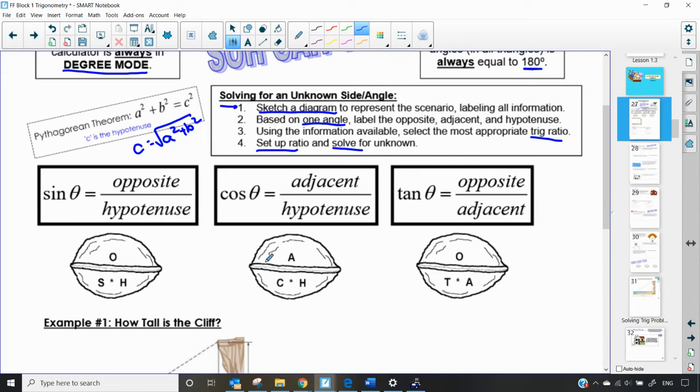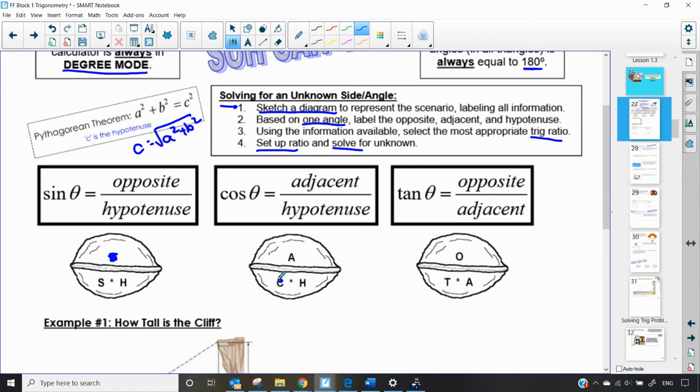Now, I do have these little nutshells here, and some of you might have been wondering what they are. Essentially, these are just a pictorial version of an equation triangle. I don't like to focus on them too much because I really want you to understand the algebra behind them. But if you were totally stuck and you needed some help with algebra triangles, we could cover up the one that we're looking for. So let's say cover up opposite, and it would tell us to go sine of the angle times the hypotenuse.